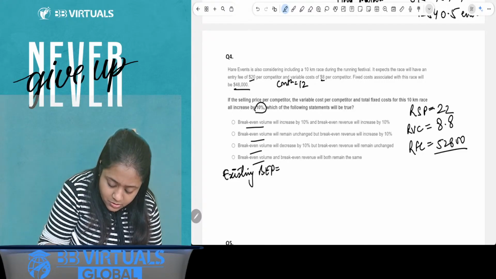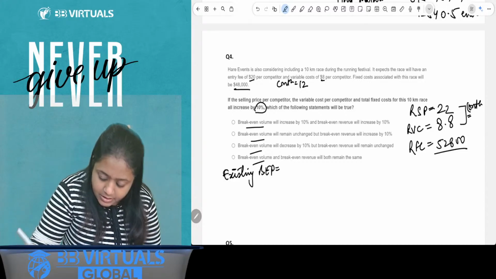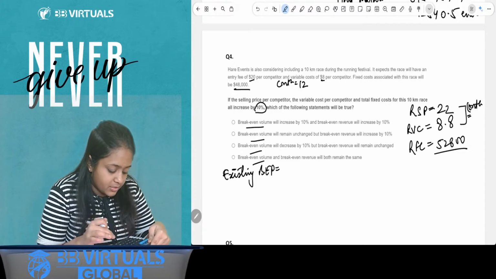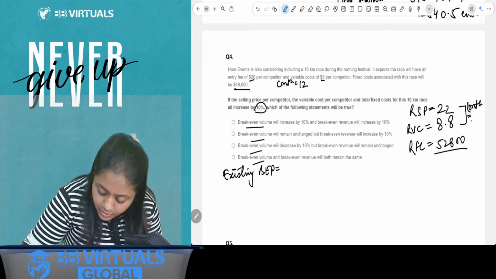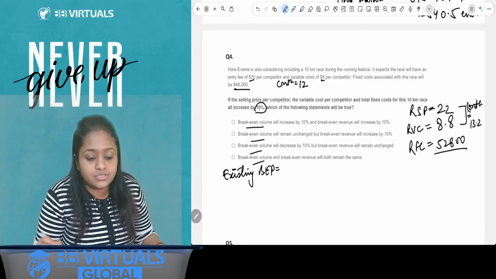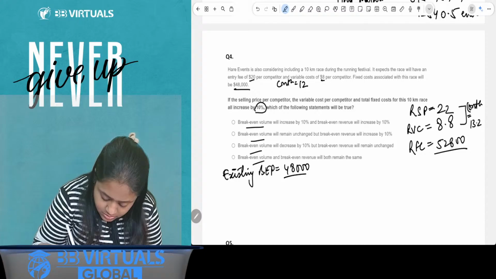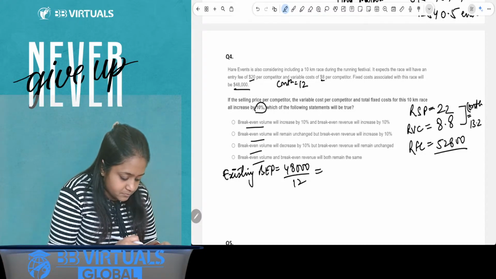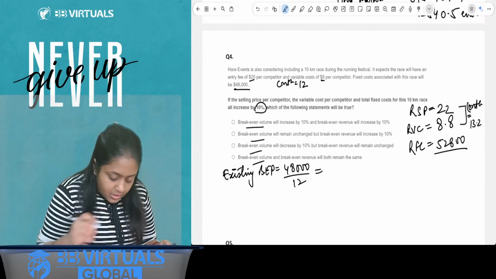Here the contribution was 12 and here your contribution will be 22 minus 8.8, that is 13.2. Right? Now let's just do the calculation. So existing break-even point is 48,000 divided by 12 and that is equal to 4,000.